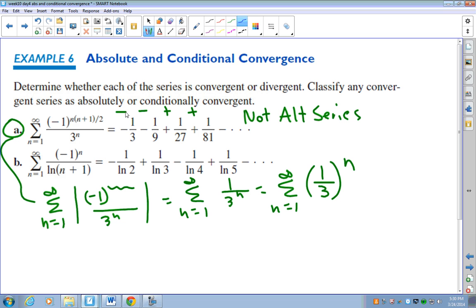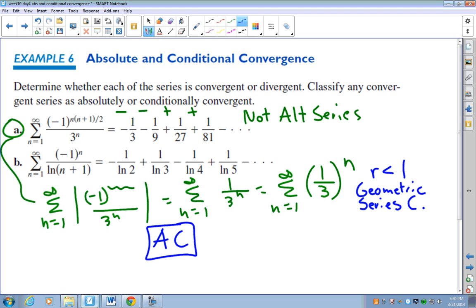And from that, r is less than 1, so by the geometric series, it converges. So this thing converges in jail, so it's definitely going to converge out of jail. So this is absolutely convergent, AC.